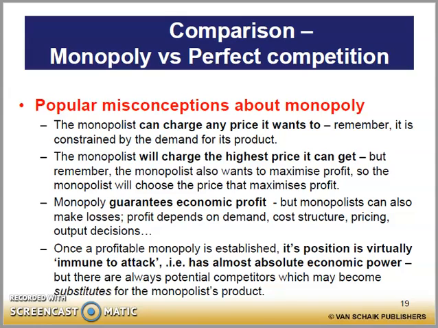Even a monopolist must always consider potential competition from firms producing products that may become substitutes for its product if the price increases. An example of this is that if the price of electricity is pushed up too high, consumers may switch to wood, paraffin, coal, petrol, solar, wind, and other energy resources.